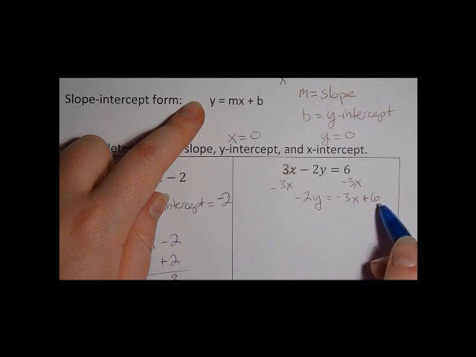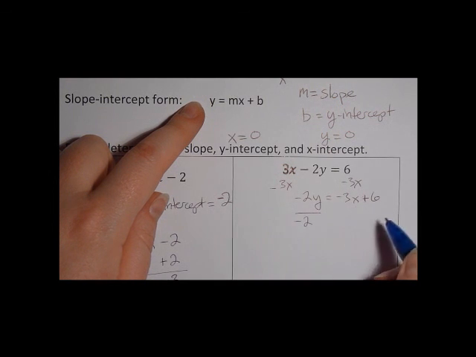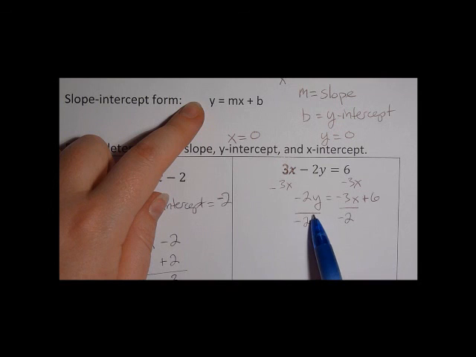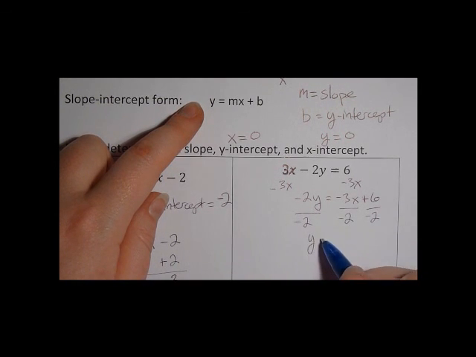These are not like terms, so I can't add them. Now I'm going to divide by -2 to continue to isolate my y. Notice that when I divide by -2, I must divide each and every term by -2. I'm now left with y equals a negative divided by negative is a positive, so I have 3/2 x.